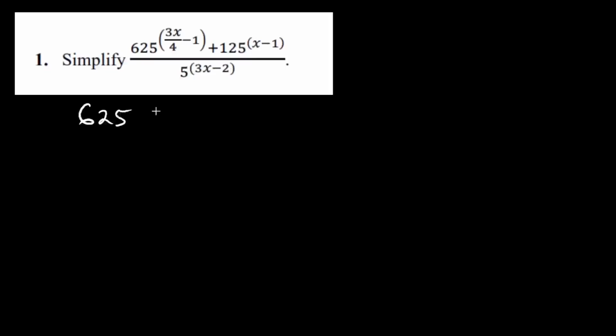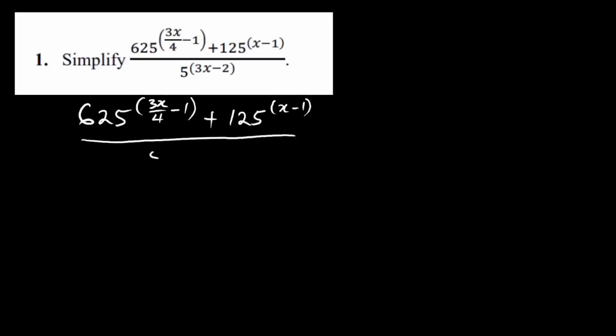So we are going to be using law of indices to solve this question. I would like to advise you, if you've forgotten your laws of indices, do well to look up your laws of indices again, because that's what we'll be using to solve this question.